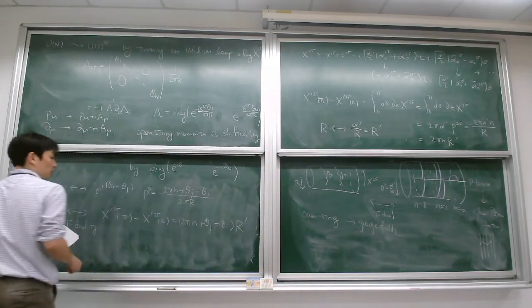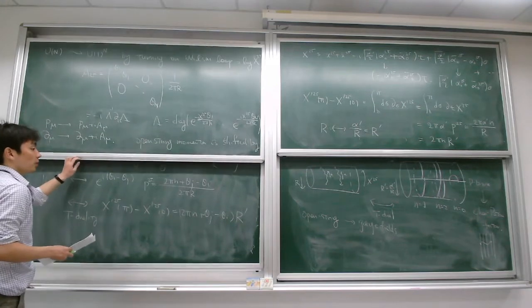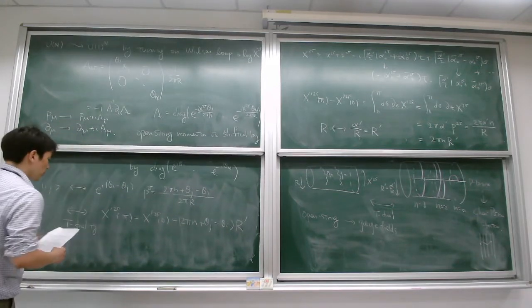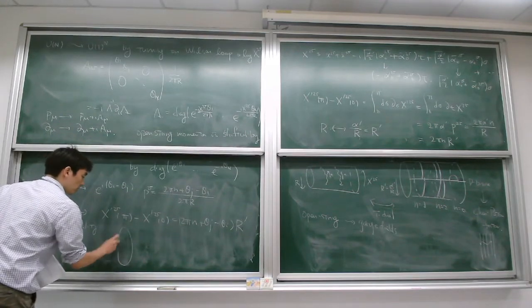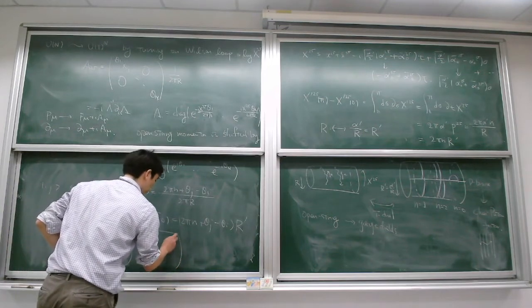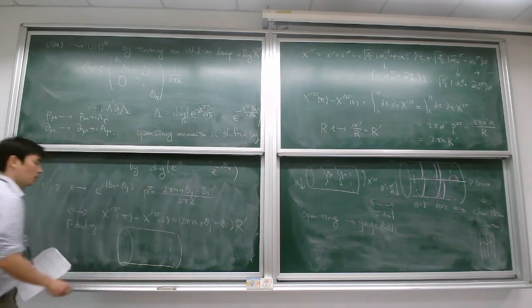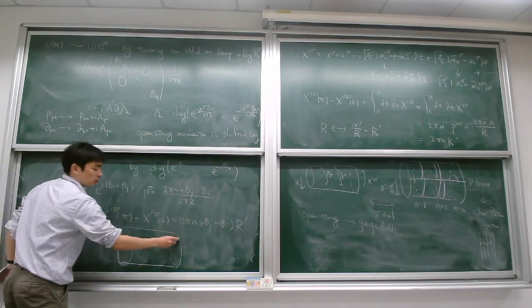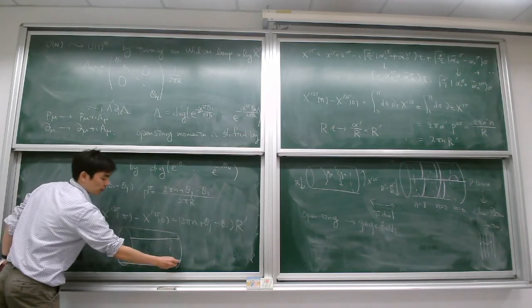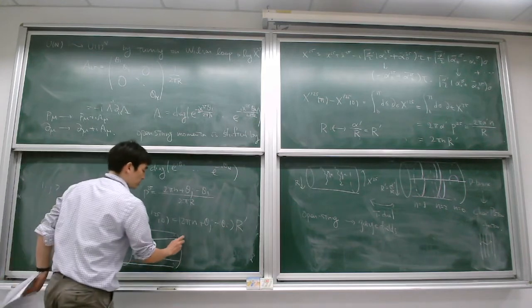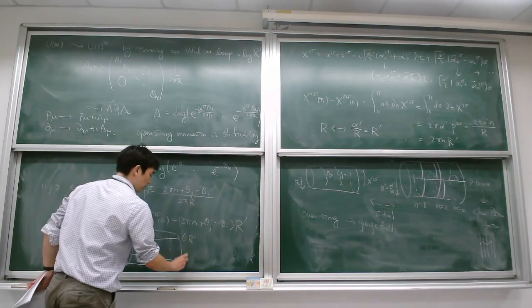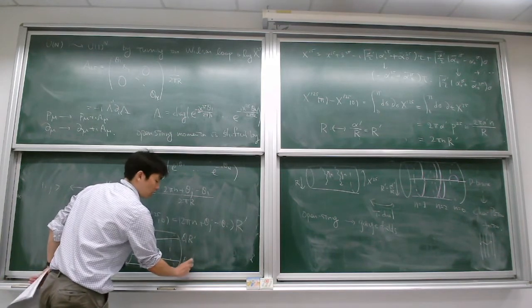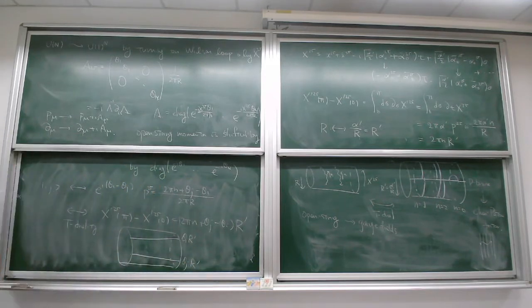So this means that if you turn on a holonomy or Wilson loop, what you end up with is just putting a different position on the D-brane: theta i R prime, theta j R prime, like this.